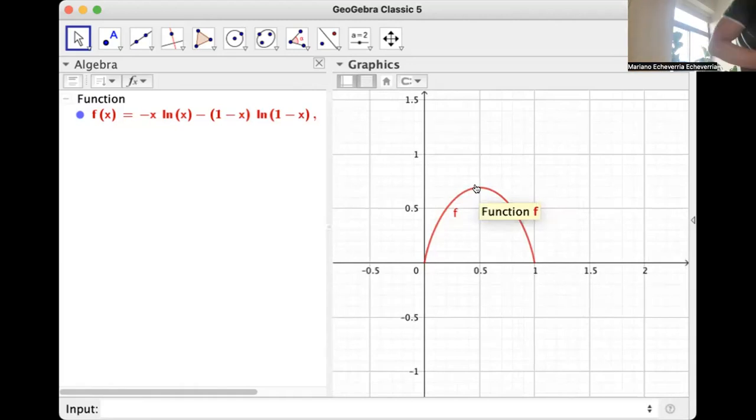So let's check that there is a max. Of course, to check that there's a max, you would have to use a second derivative test. I'm just going to be lazy and just find the critical point. You can show in general that the entropy has to achieve a maximum.